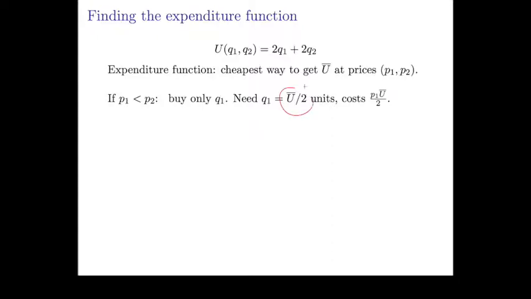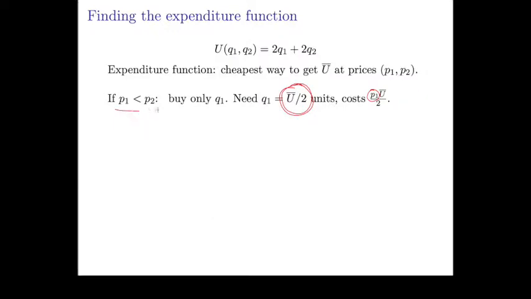Well, if I gave you u bar over 2 units, and I didn't give you any q2, then your utility is going to be 2 times u bar over 2, which is just u bar. What is that going to cost? If I give you u bar over 2 units, then the cost of that is just the price of good 1 times u bar over 2.